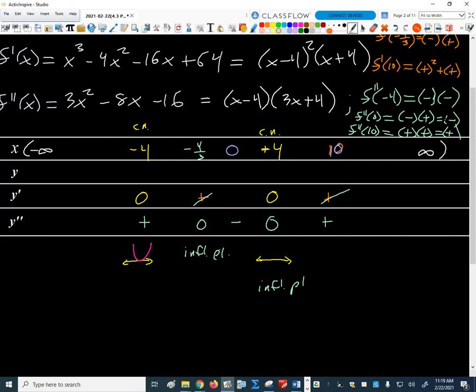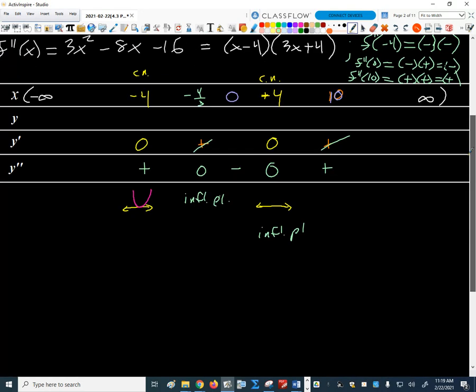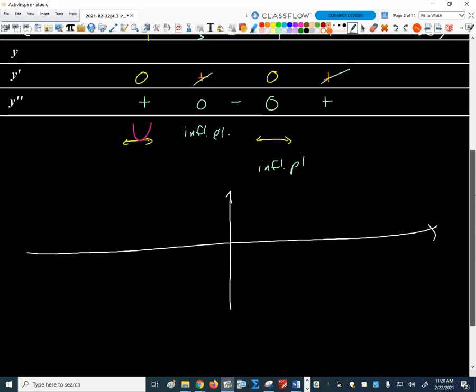Everybody see that? So then what does this thing look like? We ought to be able to draw a picture of this. Let's do that real quick. Make a little sketch. Here's x equals 0. I'm not going to draw this to scale. We've got a critical number at -4 that's a minimum.